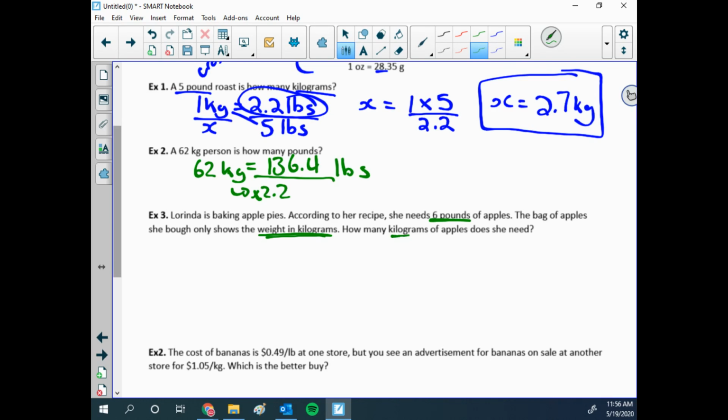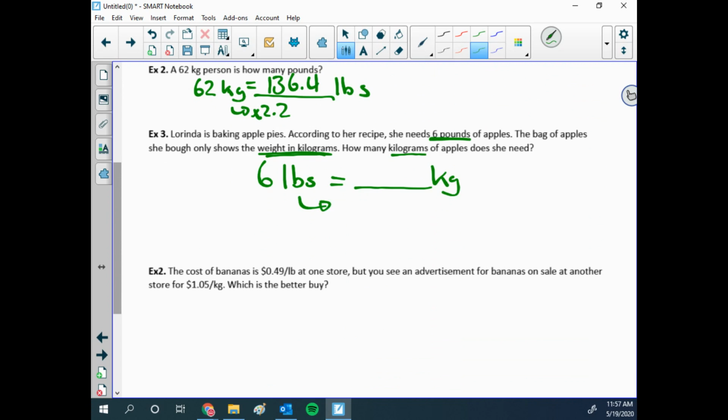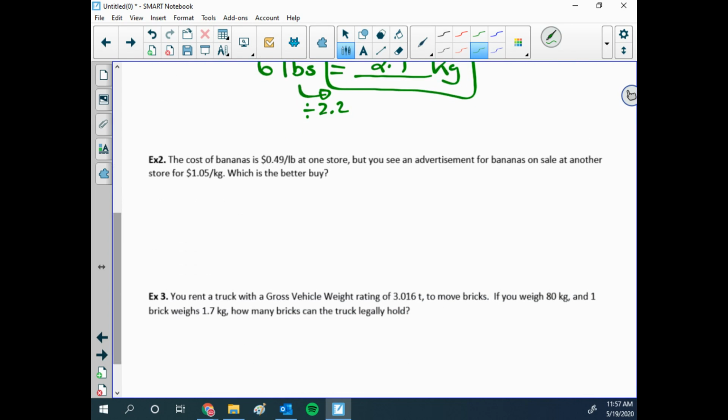So how many kilograms of apples does she need then? Well, we are trying to go from the 6 pounds to kilograms. So once again, I'm using that same conversion factor. I'm going to have to come backwards and divide by 2.2, which is about 2.7 kilograms, for 6 pounds.